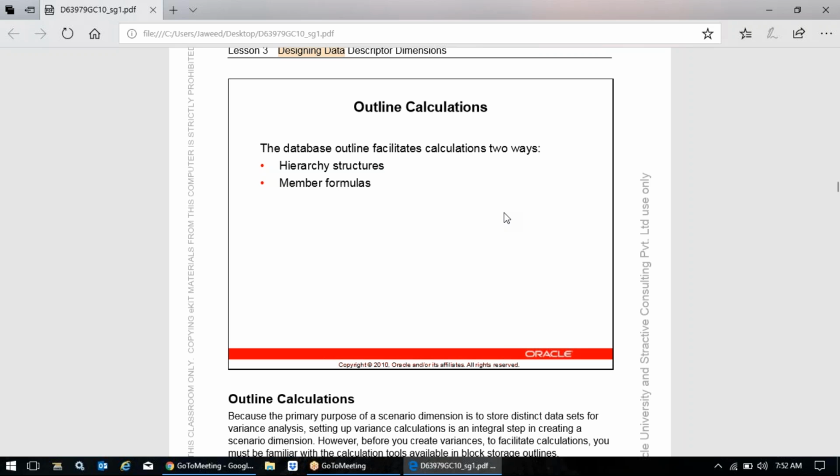Or what accounts are used, I mean, where the values of a particular account are shared between more than two columns or more than two members. How do you basically design the whole accounts hierarchy? Because this is where most of the calculations are done.